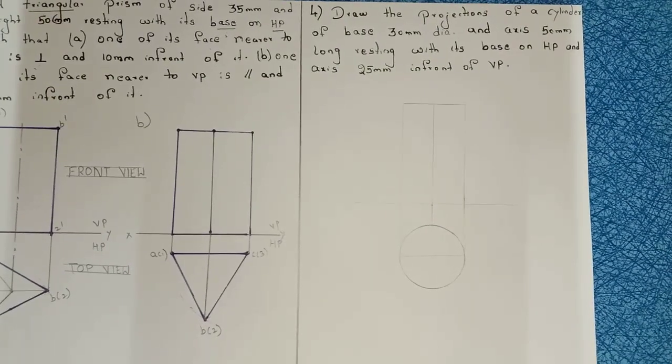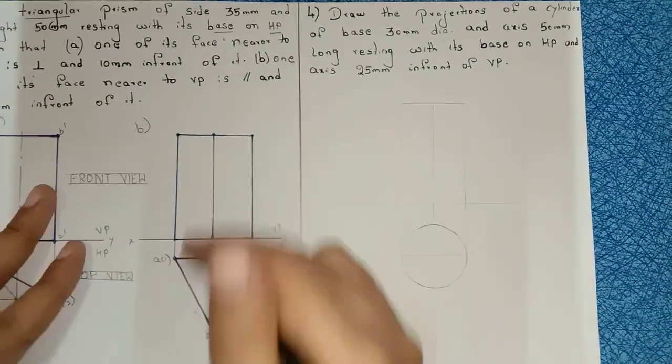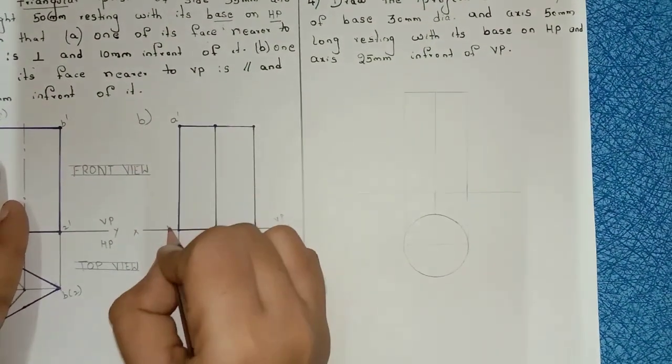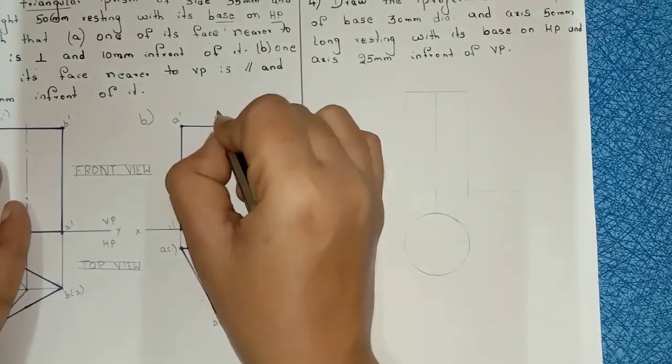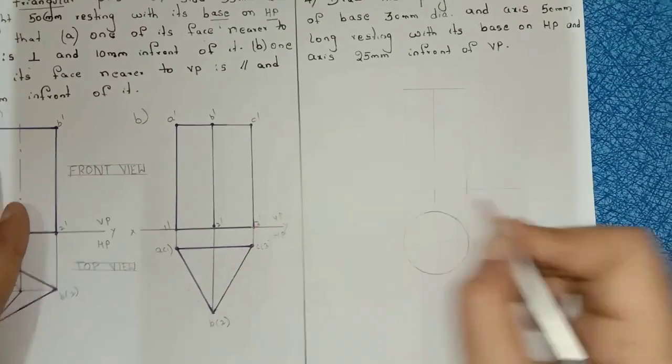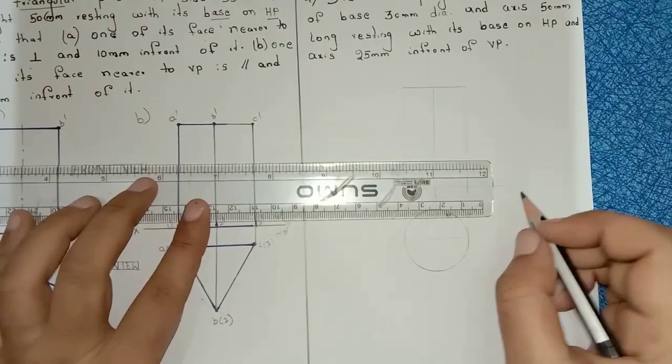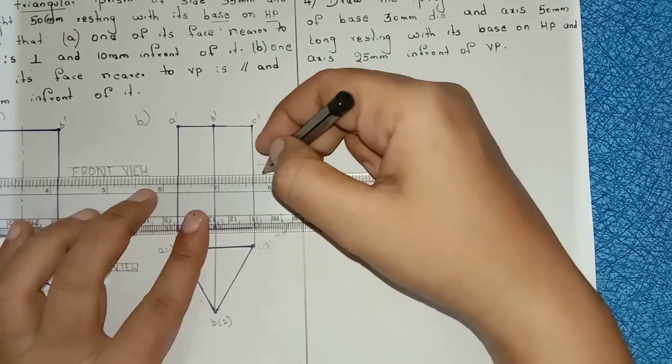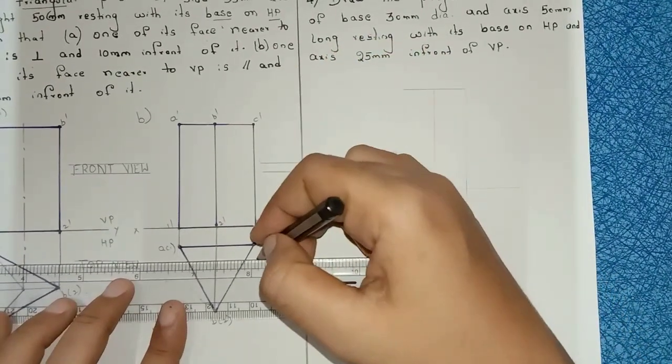Now what are the point names? A dash 1 dash, B dash 2 dash, C dash 3 dash. After completion of your problem, write down here front view and here top view.